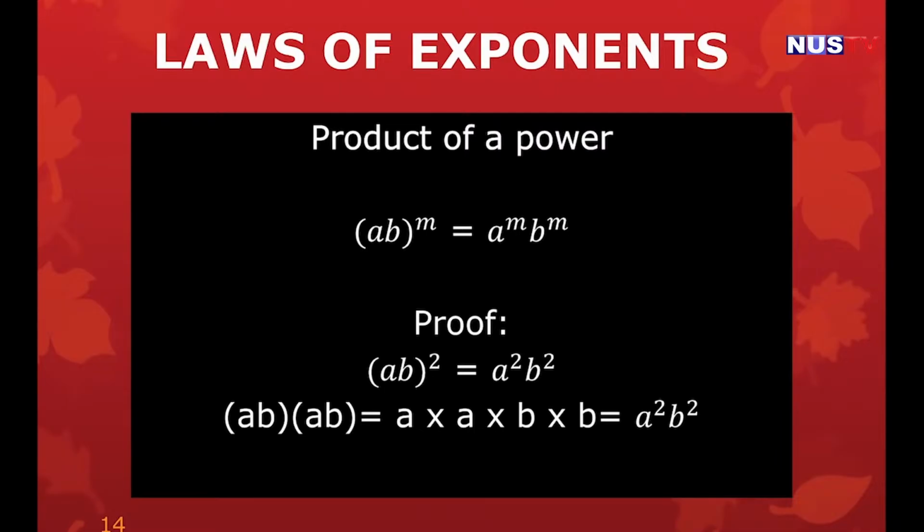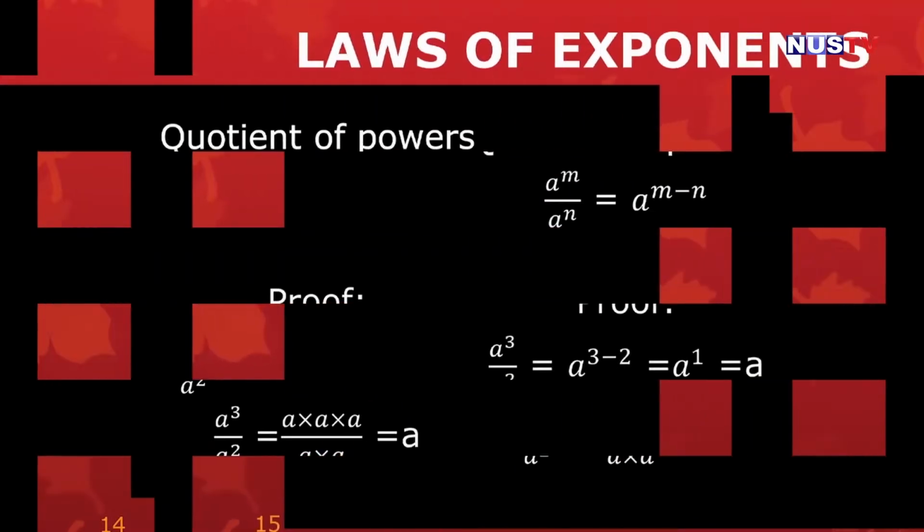If you break it down any further, it means a times a, b times b. That means you have a squared, or a to the power of 2, and b to the power of 2 as the final answer. Okay?